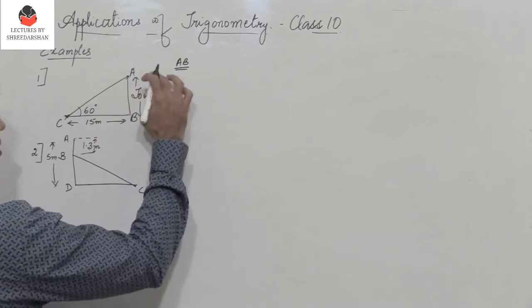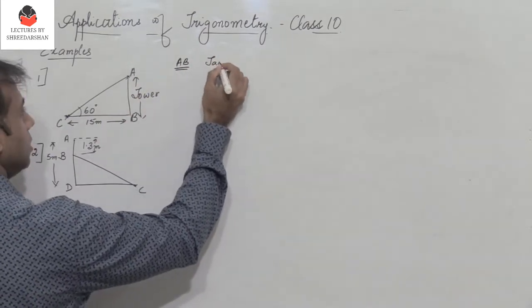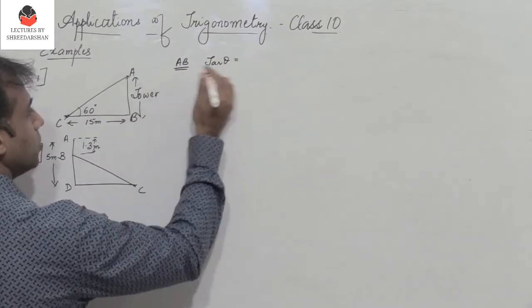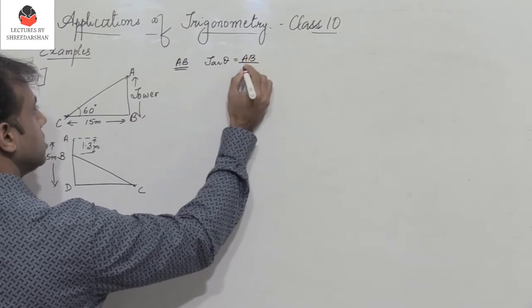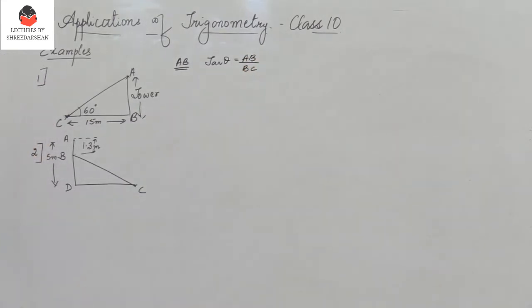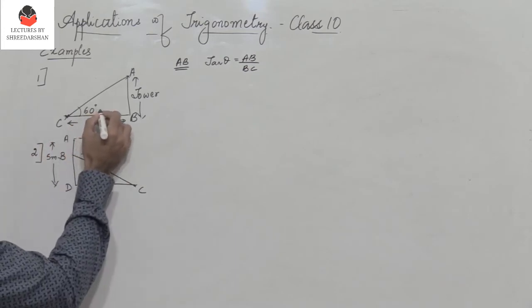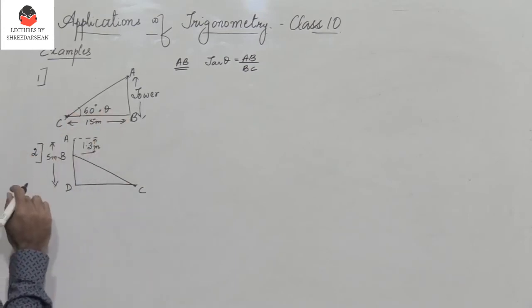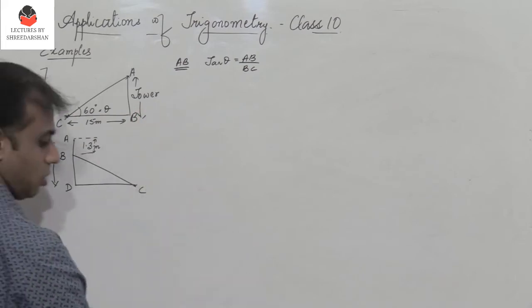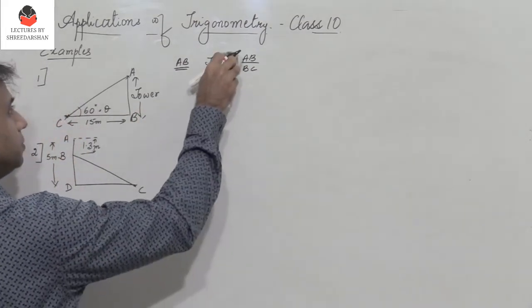We know that tan theta is the opposite side, which is AB, by the adjacent side, which is BC. Theta here is 60 degrees, so instead of theta I can call it tan C itself.